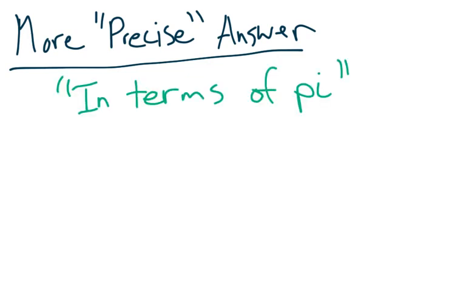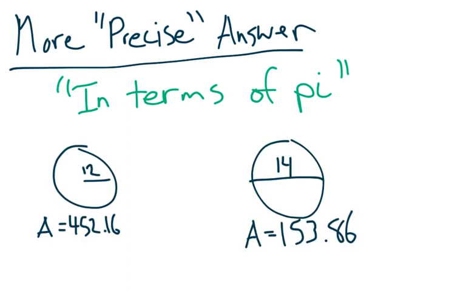So let me copy the work we just did down again and show you what I'm talking about. We used a decimal approximate for both of these. We said, let's let pi equal 3.14, and that's how we got these answers. Again, we're rounding. We've chosen to cut off pi at 3.14, even though it goes on forever.